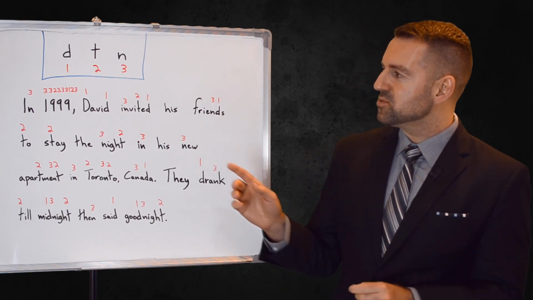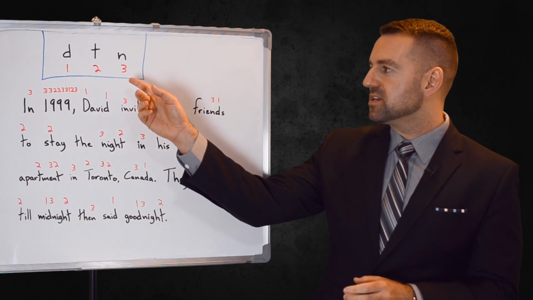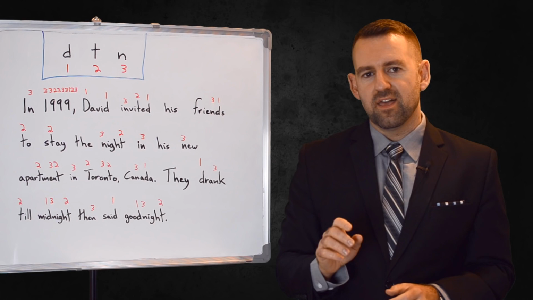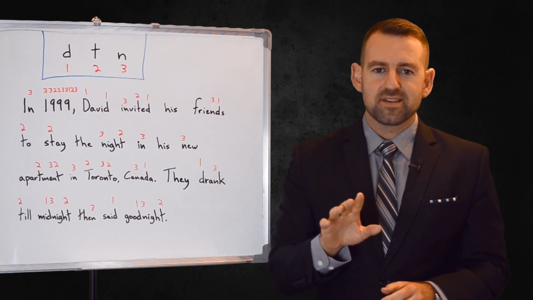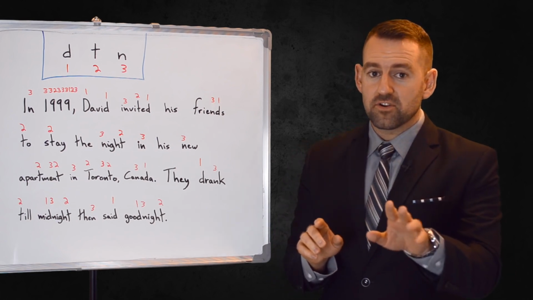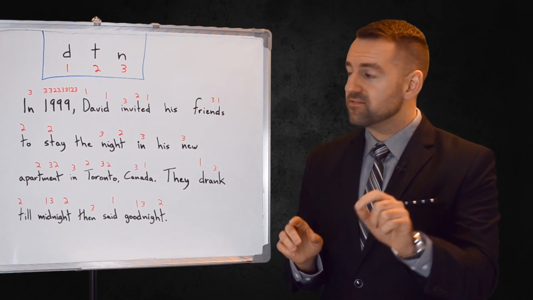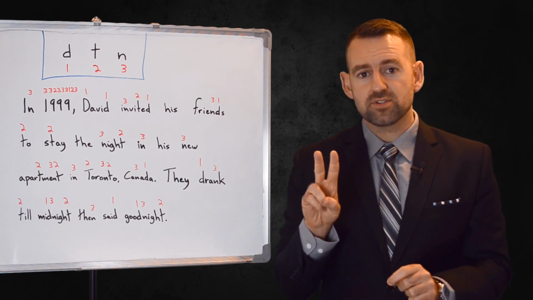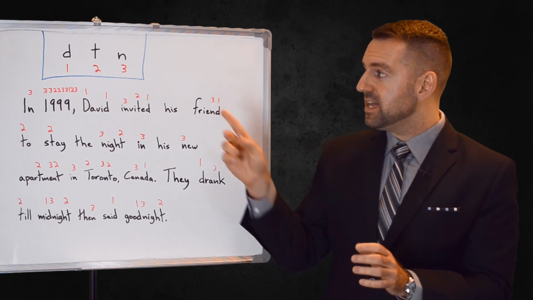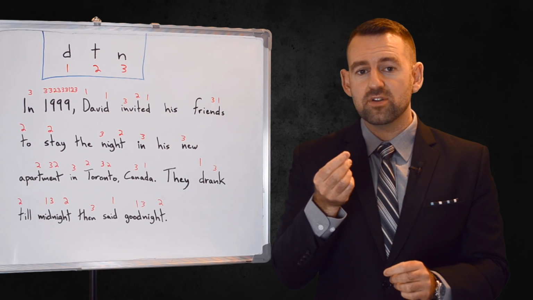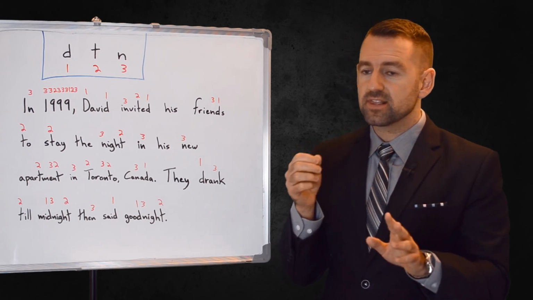So in English we have these 3 sounds, d, t, and n. Now the problem is that if you're an Indian or Pakistani or whatever, you have 2 sounds for each of these sounds. You have a front sound and a back sound, like this.